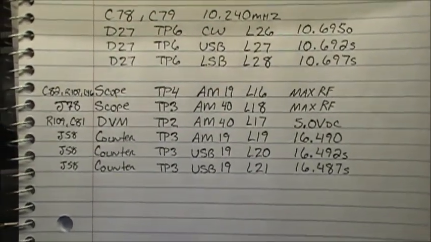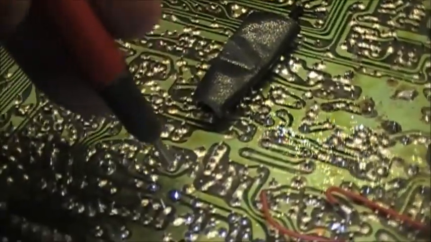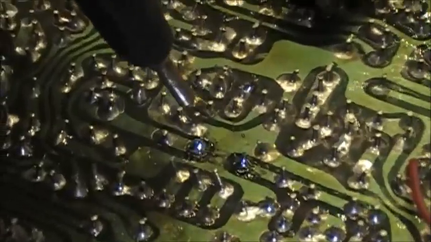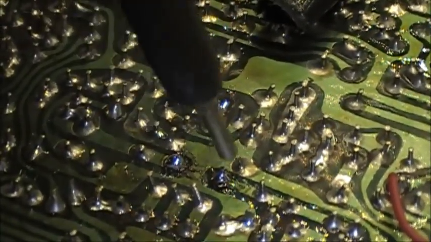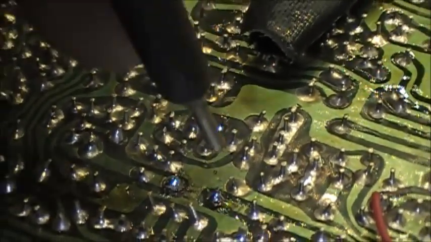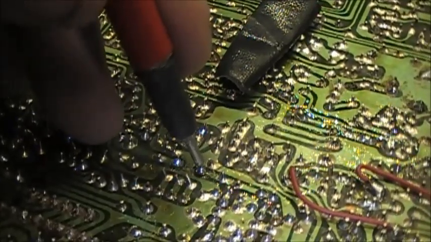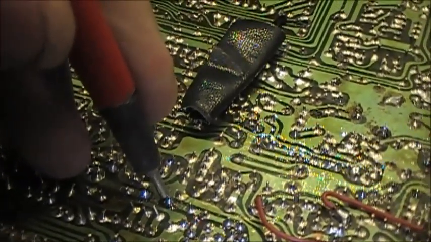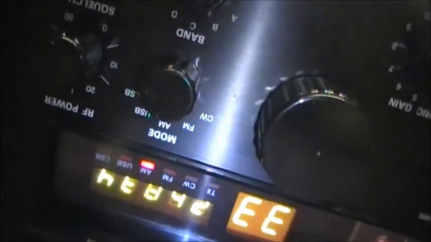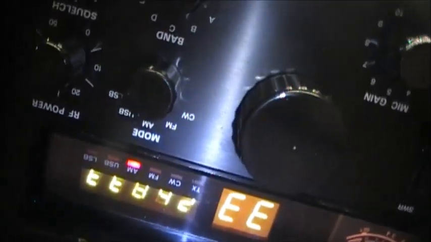Now, I checked the voltages, which are right here. Right on these couple of traces is where the crystal resides. And if I go to here, with the mode switch set to, what the hell am I on here? AM? Am I on AM?